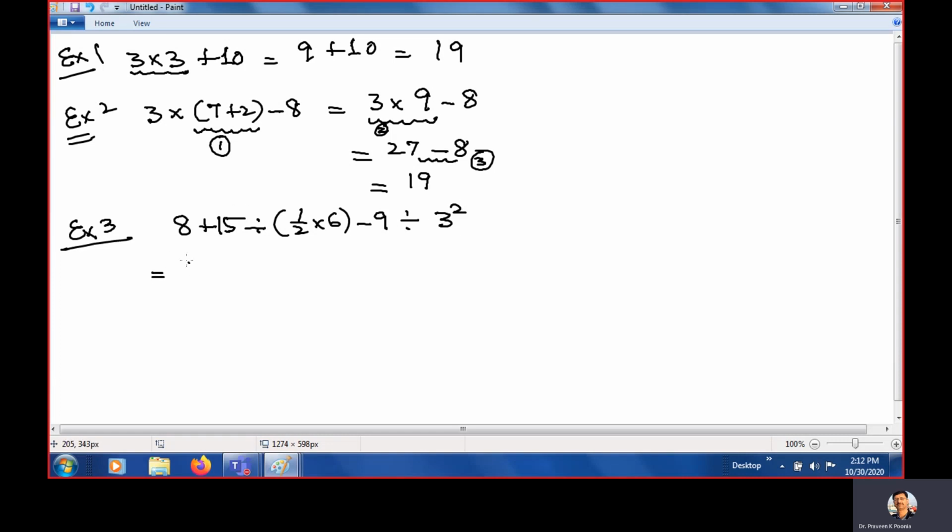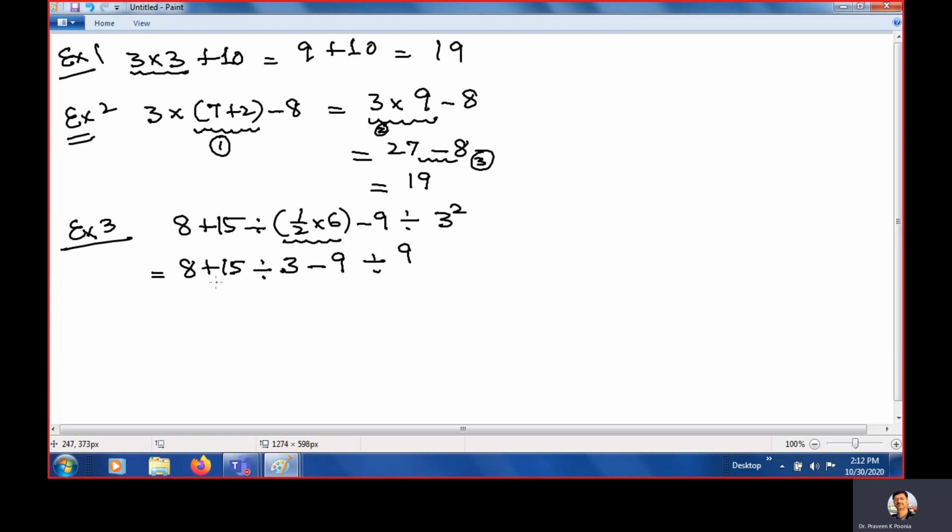So first we will solve the bracket. Now solve this value. What is this value? 1 by 2 times 6. Clear? It will be 3. Minus 9 divide 3 square, 3 power 2 is 9.